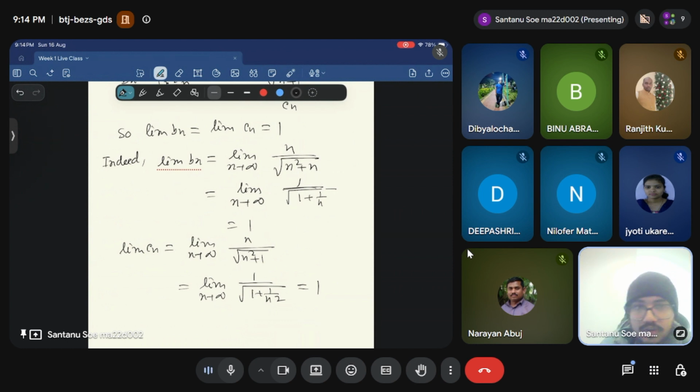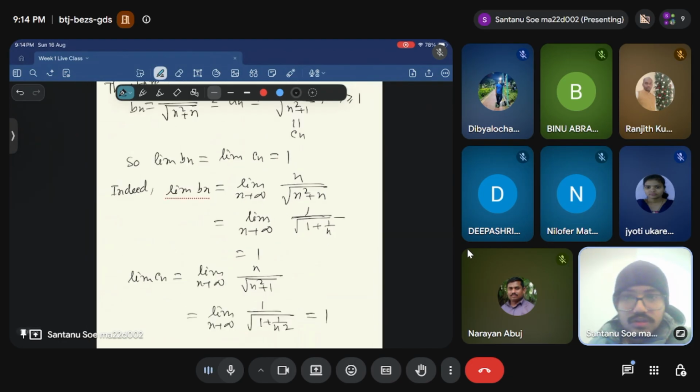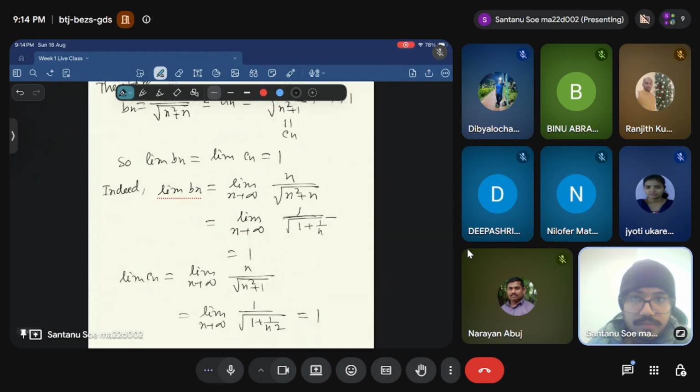So in the beginning I got confused with the square root. I thought it would be 1 by n square, but it will be 1 by n, right? So both bn and cn have limit 1. Correct?